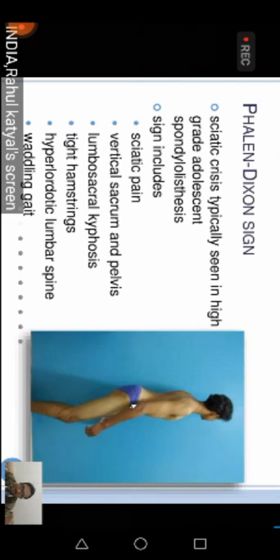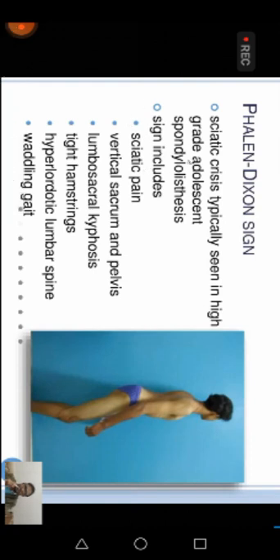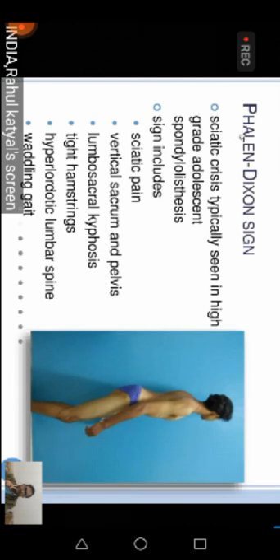When this type of patient walks, they walk with a waddling gait like a duck. These are the signs we see in spondylolisthesis patients, which we call the Phalen-Dickson sign.